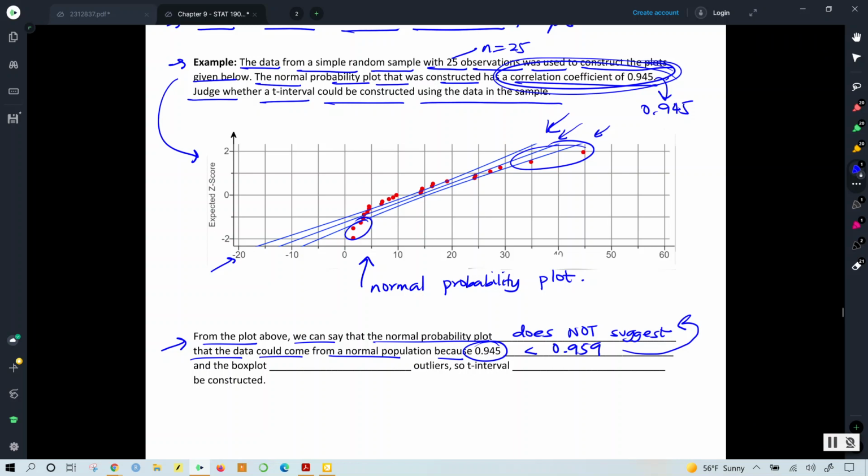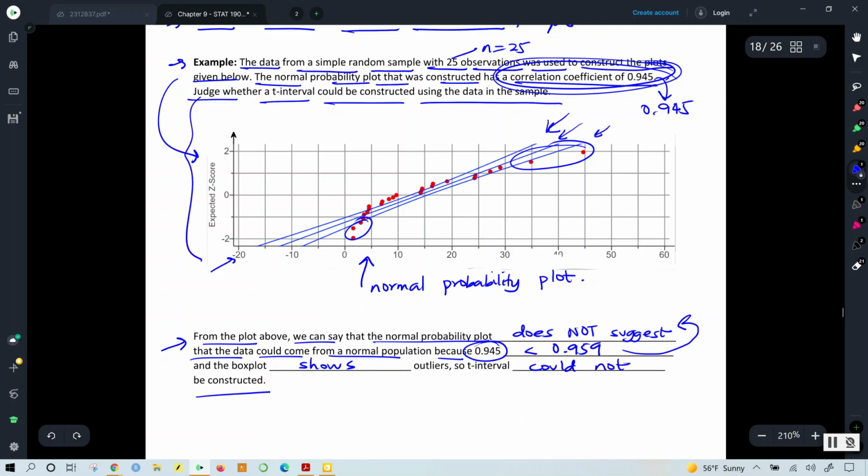And if you plot a box plot, you will find out that the box plot of the data also shows outliers. So a t-interval could not be constructed in this case.